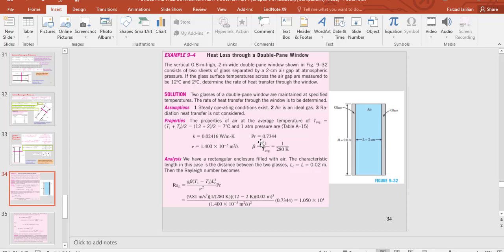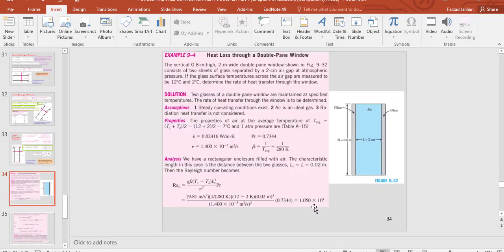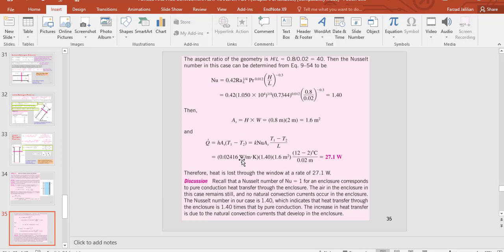Our Prandtl number is close to 1 actually. And also the Rayleigh number between 10 to the power 4 and 10 to the power 7. Let's see our Rayleigh number. Yes, it is close to this value, actually higher than that, in this range. So we should use this equation to find the Nusselt number.